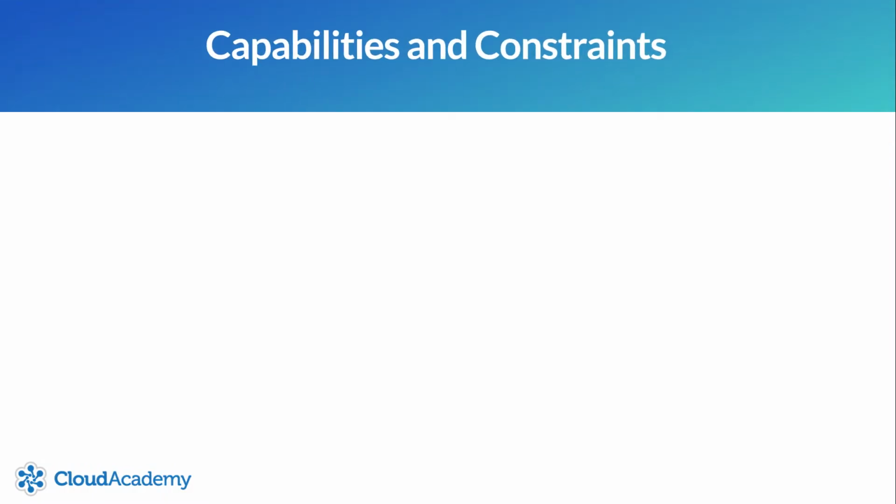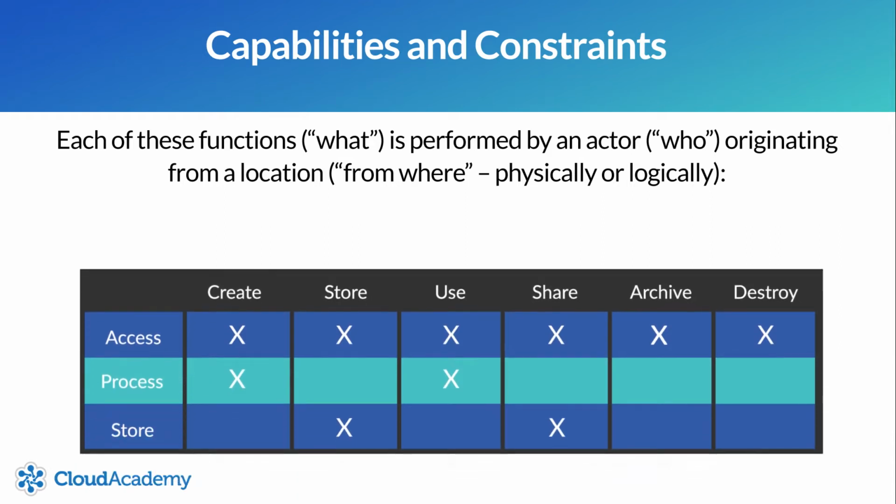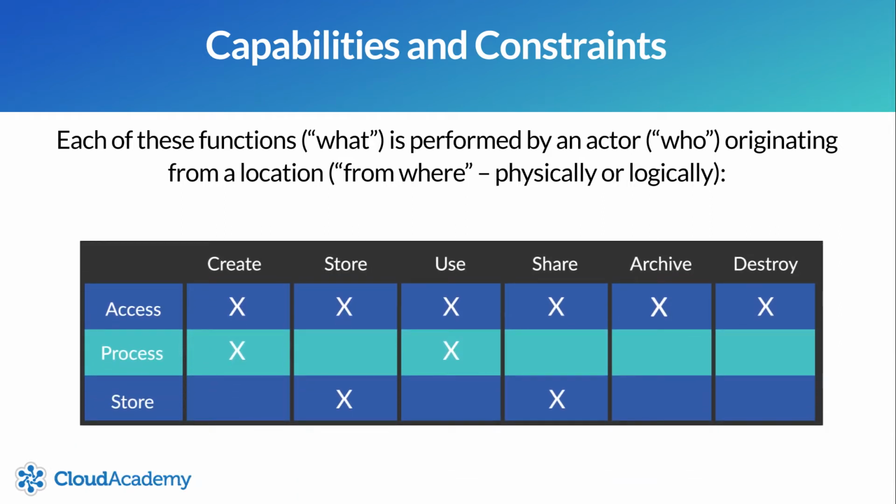So when we look at the capabilities and constraints, each of these functions, constituting the what, is performed by an actor, constituting the who, originating from a particular location, and the from where being either physical or logical. So in our table, we have our qualities, the functions that they can perform: the access, the process, and the store.